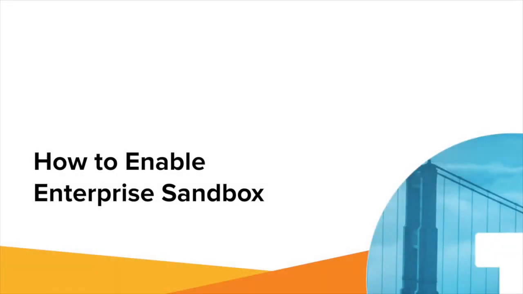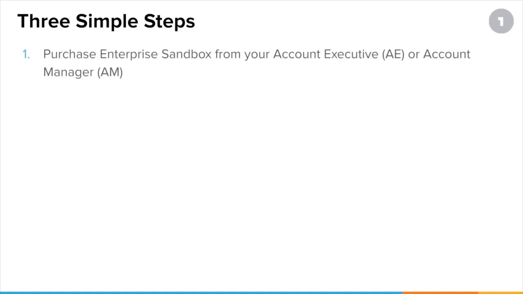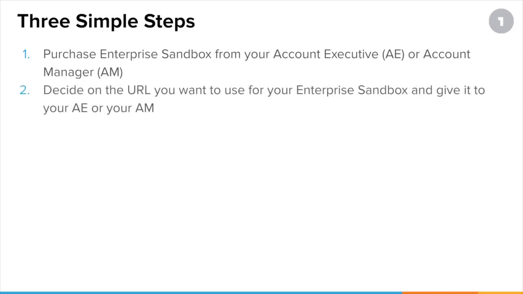So, how can you get your Enterprise Sandbox set up? All you need to do is follow 3 steps. First, make sure to purchase it through your account executive or account manager. I'm afraid that's a necessary step. Then, decide on the URL you want to use for your sandbox.